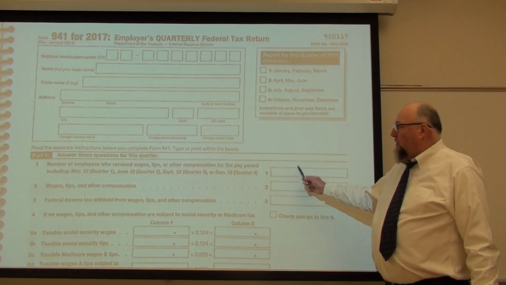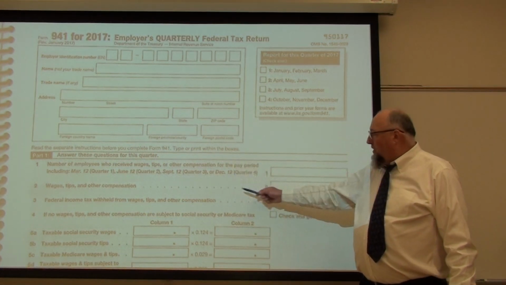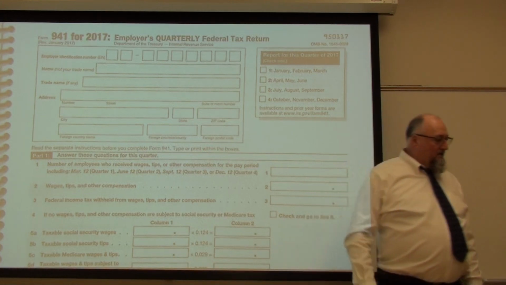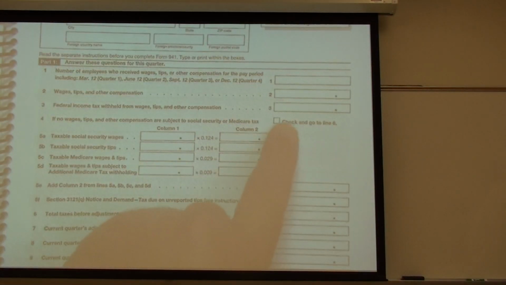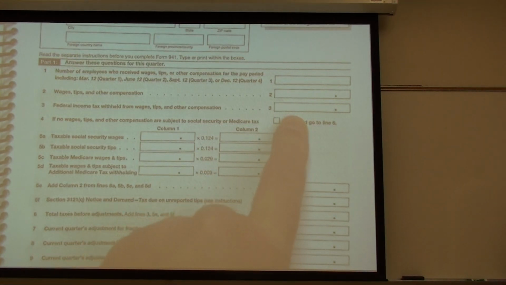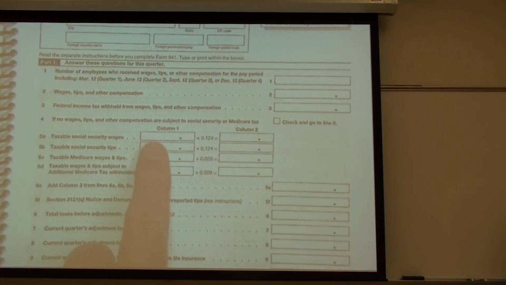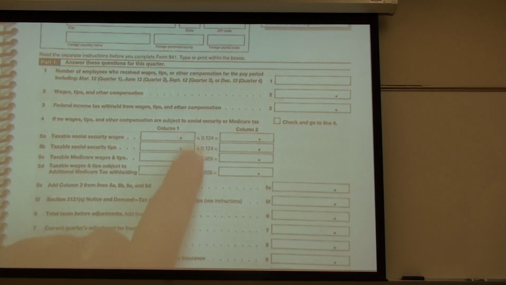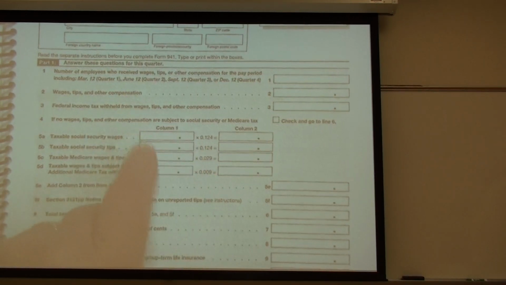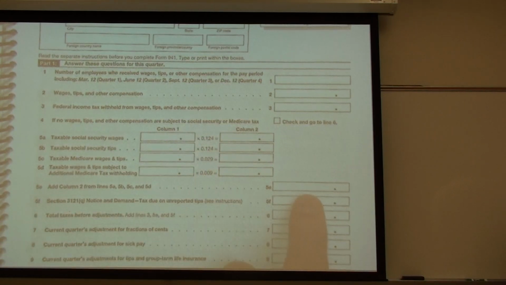I have to tell how many employees I had, the total amount of wages that I paid, and how much money I withheld from those wages, and then we have to calculate the Social Security. Here's where you see those numbers, wages and tips, and the total amount that's owed.